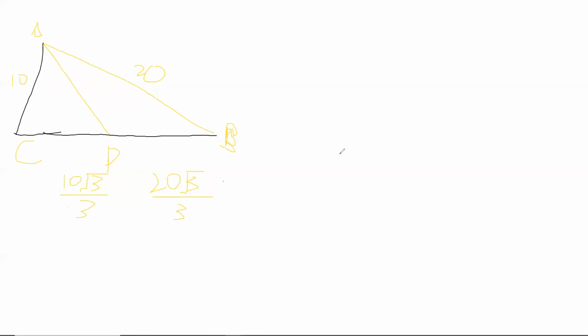So basically we can observe that AC over AB equals CP over BP, which all equals 1 over 2.